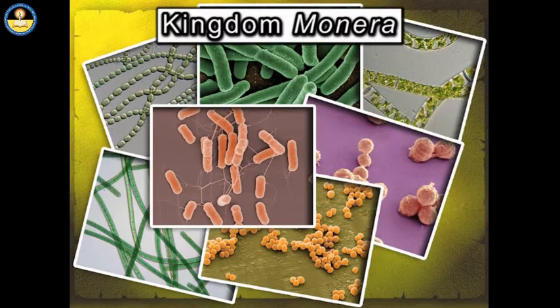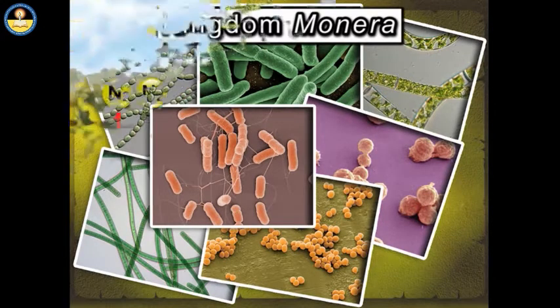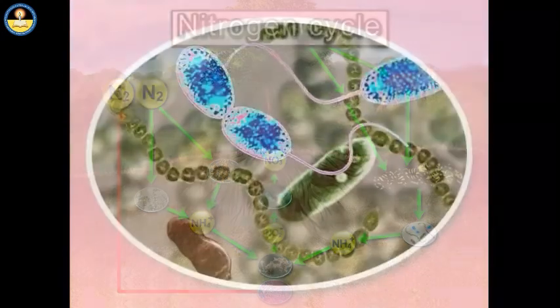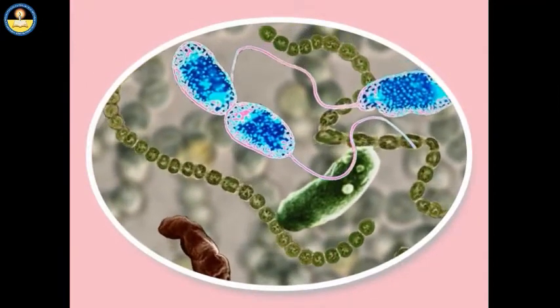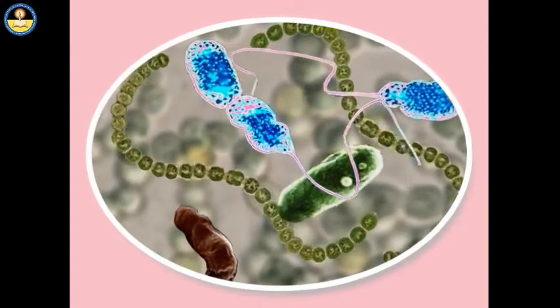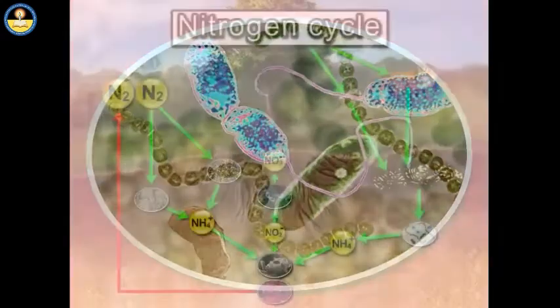Monerans, which mainly comprise bacteria, are the only living organisms on the earth that can carry out nitrogen fixation. Nitrogen fixation is a process of combining atmospheric nitrogen with other elements to form useful compounds. In nature, the majority of nitrogen is fixed by some microorganisms which are part of this kingdom.